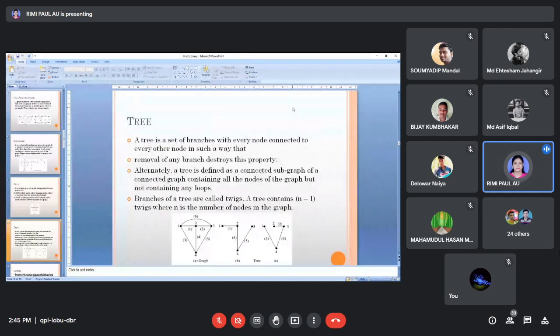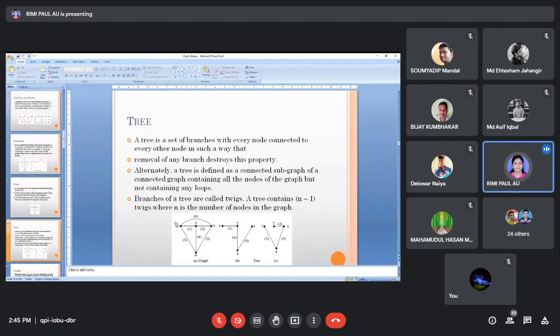Now, what is a tree? A tree is a set of branches with every node connected to every other node. Or you can say a tree is defined as a connected subgraph of a connected graph containing all the nodes of the graph, but not containing any loop.